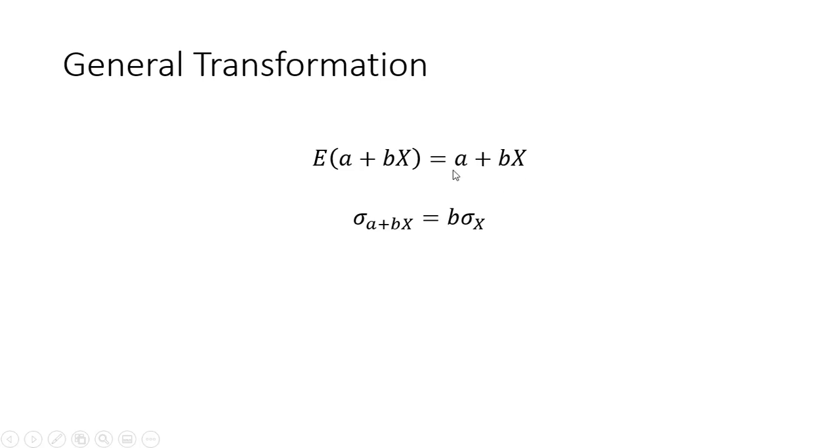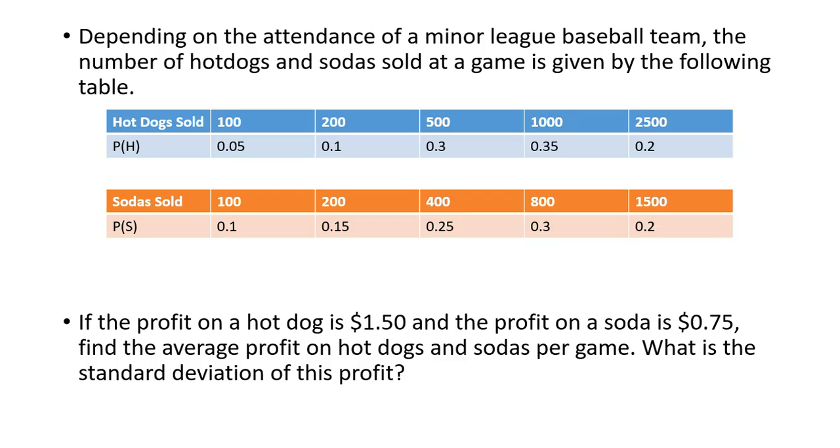Okay, that's the A and the B. So if you're just adding or subtracting something, you just add or subtract it to the expected value. If you're manipulating it by a multiplication or a division, it's going to have to be attached to that. But the expected value is different from the standard deviation because the standard deviation doesn't change if you are adding or subtracting. All right. So let's do an example with hot dogs and sodas that are being sold.